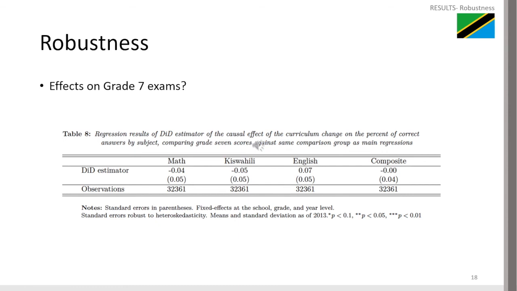So we can set up our diff and diff in a similar way, but now comparing our control group to grade 7. And what we find again is no change. And so this suggests that we are really identifying the curriculum reform effects because we're not seeing any spillovers into grade 7.